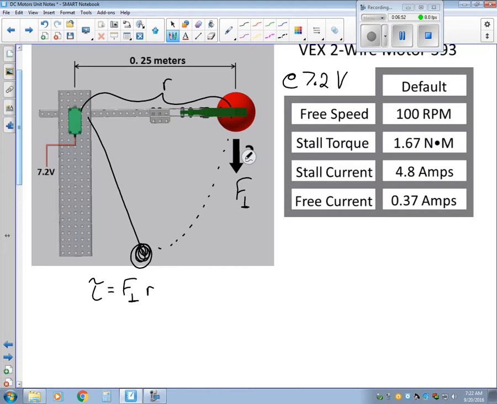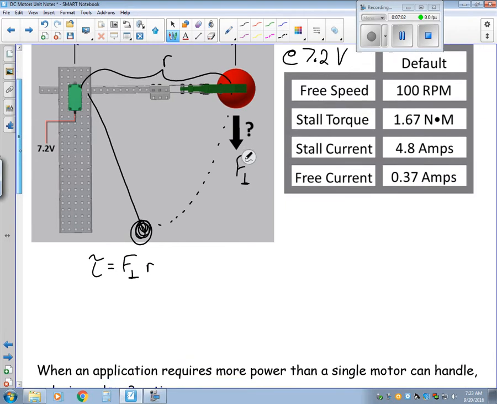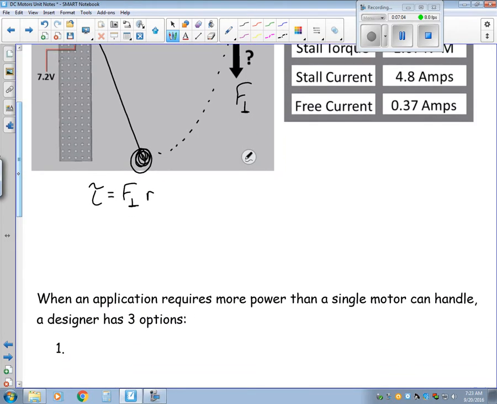So what we want to do is solve for that perpendicular force. And we're going to use the stall torque for our torque, because that is the greatest torque that motor can provide. So the force would equal torque divided by lever arm distance.